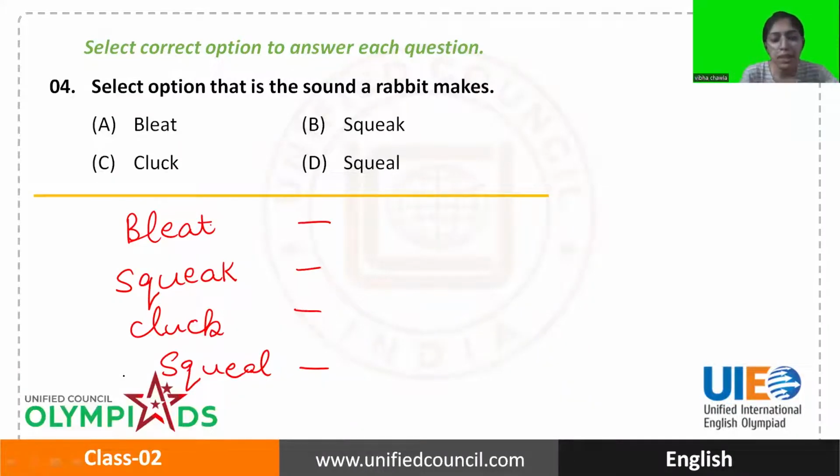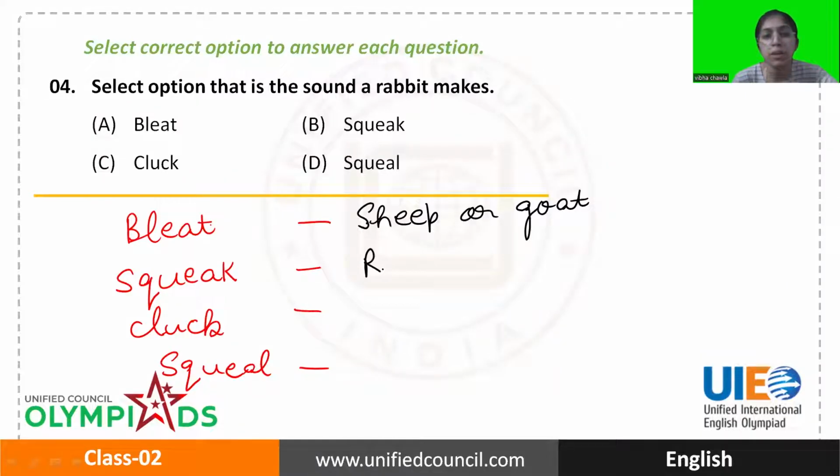Firstly, bleat. Bleat is a sound that sheep or goats make. If I talk about squeak, squeak is the sound a rabbit makes. Mouse also squeaks. So rabbit or mouse squeaks. Cluck. If I talk about cluck, chicken clucks.